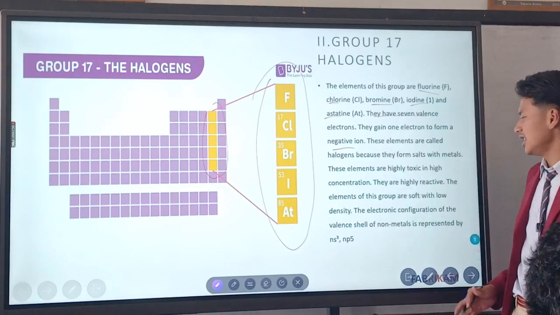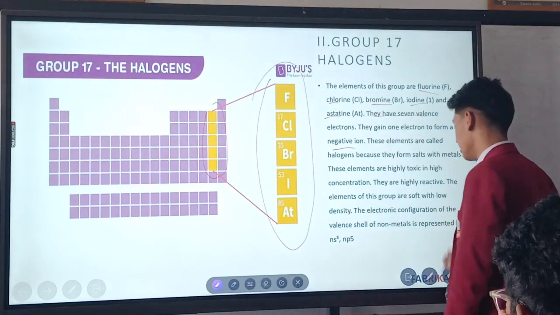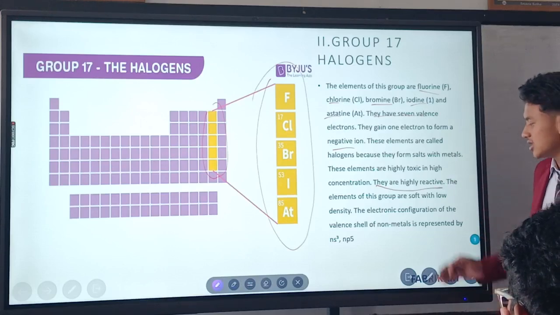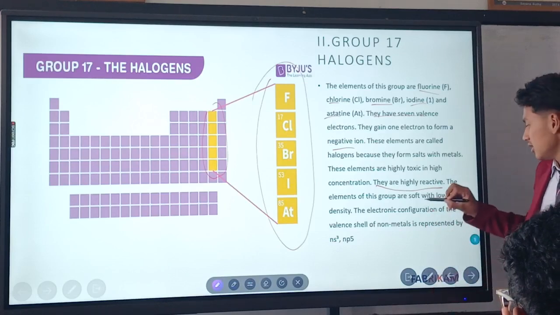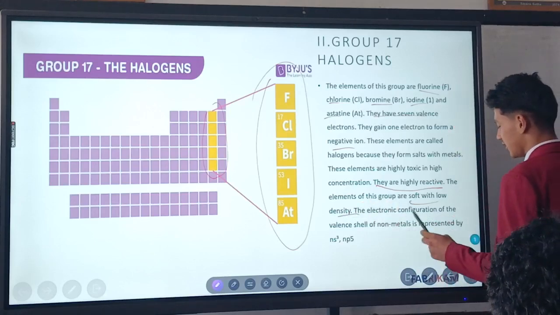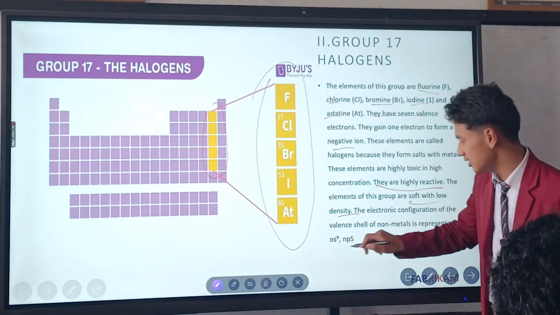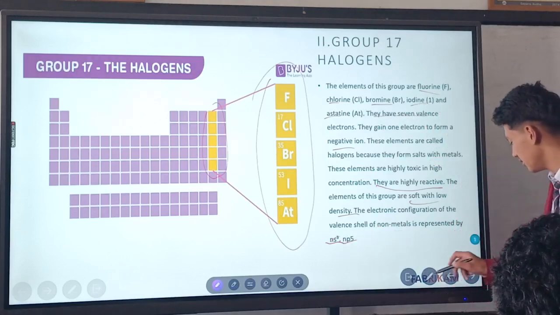These elements are highly toxic in high concentration, and they are very highly reactive. The elements of the group are soft with low density, and the electronic configuration of the valence shell of non-metals is given by ns²np⁵.